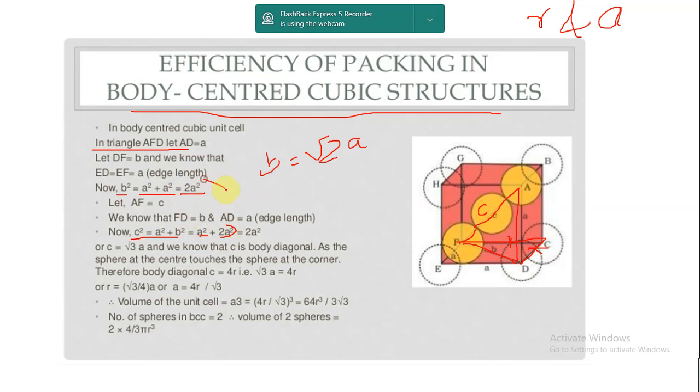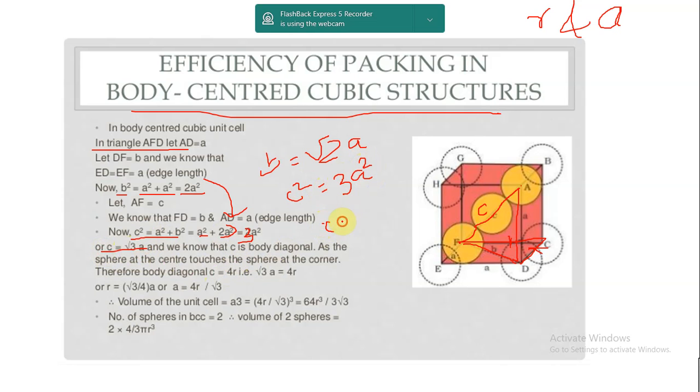So C square equals A square plus 2A square, that is 3A square. So C equals root 3 A.